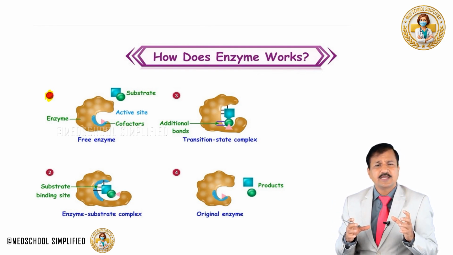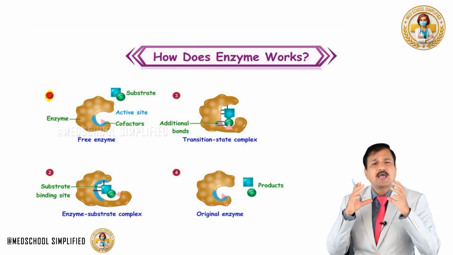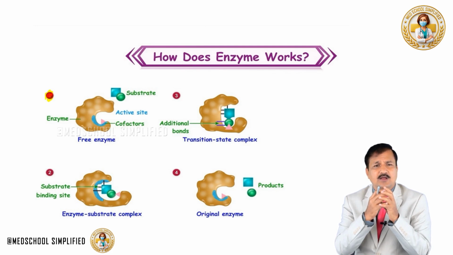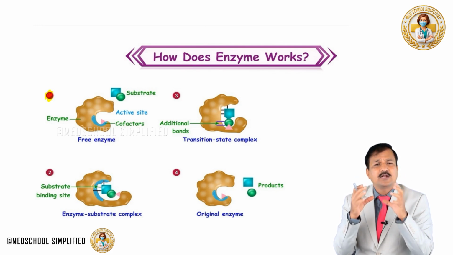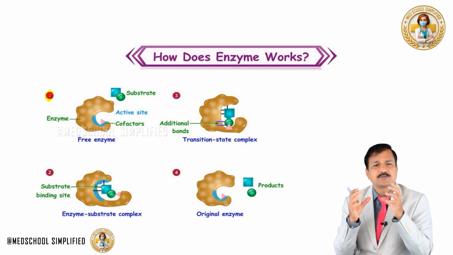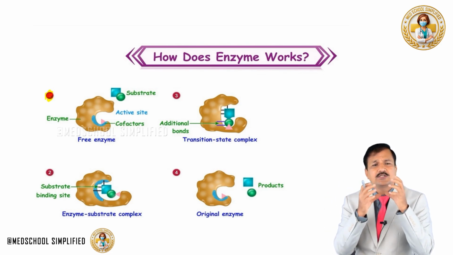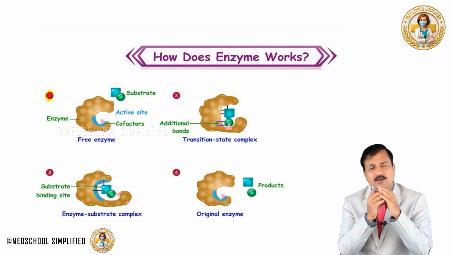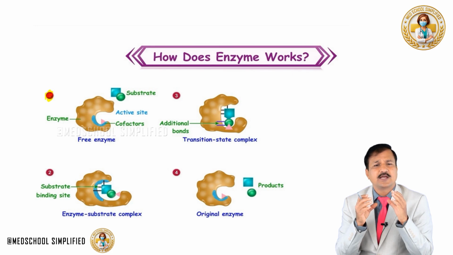So what happens here is the substrate goes and binds to the active site of the enzyme. Near that active site, there can be cofactors, coenzymes and so on. Initially, the substrate makes initial bonds or connection with the active site of the enzyme.